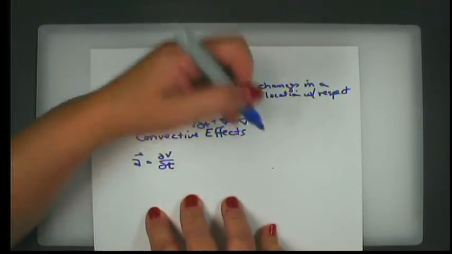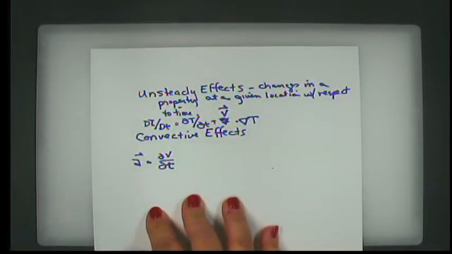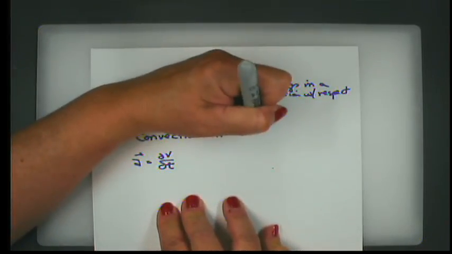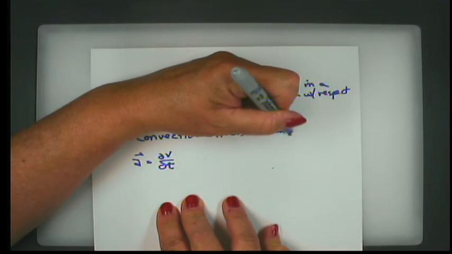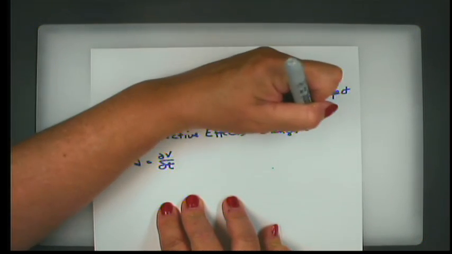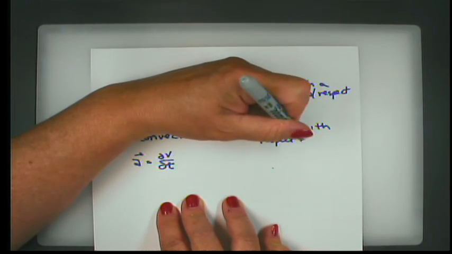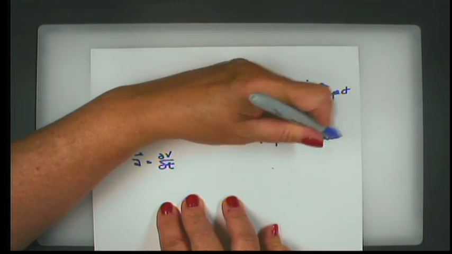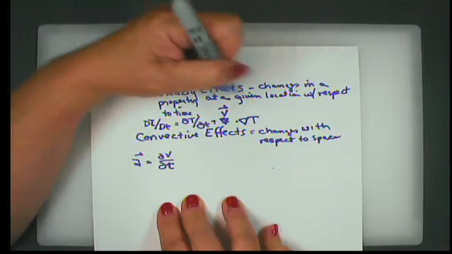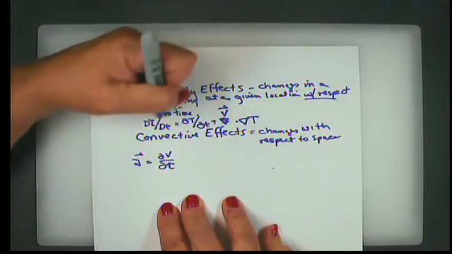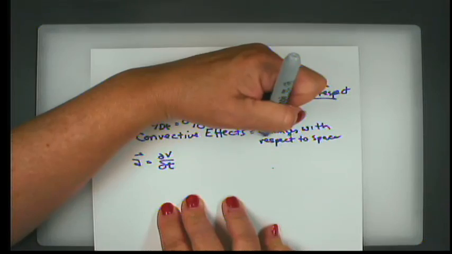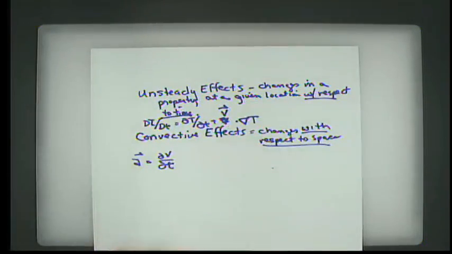Now, when we talk about convective effects, what we're talking about are changes of the property with respect to space. Okay. So unsteady with respect to time, convective with respect to space.